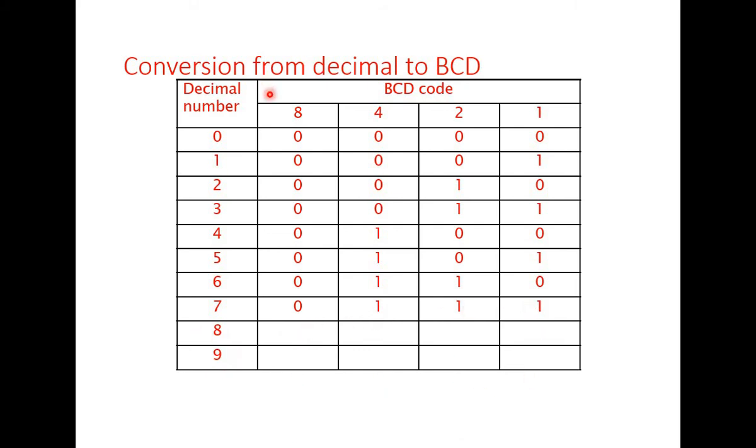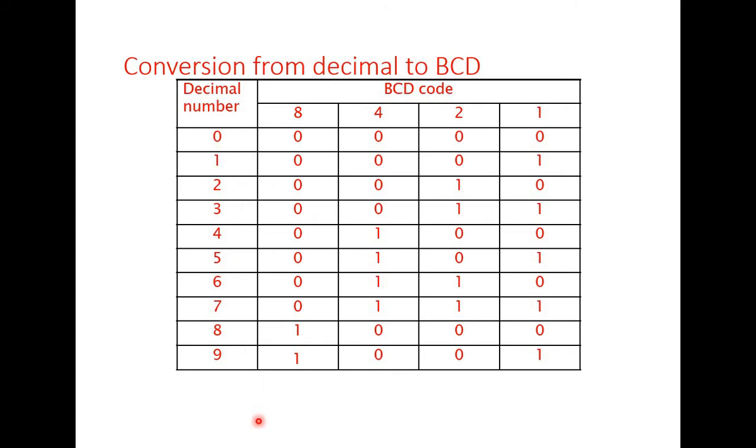For 8 the positional weight 8 becomes 1 and the remaining 4 to 1 becomes 0. So we write as 1000. For 9 positional weight 8 and the positional weight 1 becomes 1 and the positional weight 4 and positional weight 2 becomes 0. So we write as 1001.